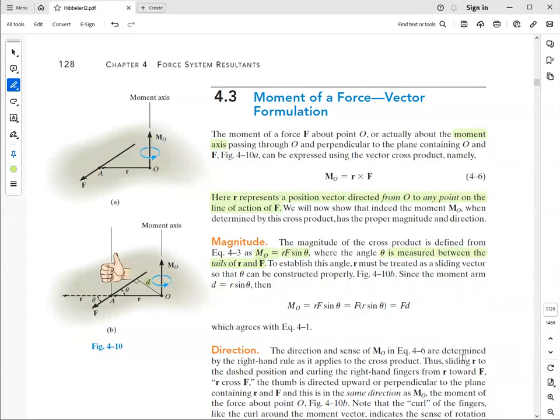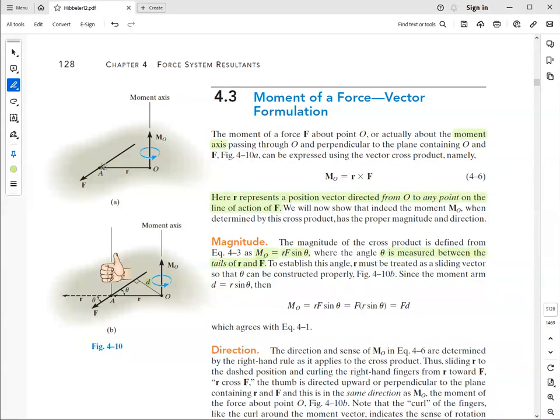Okay, moment of a force, the vector formulation is a cross product. So I have here the position vector of any point on the line of action of the force.